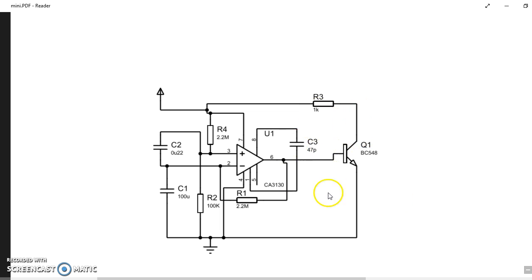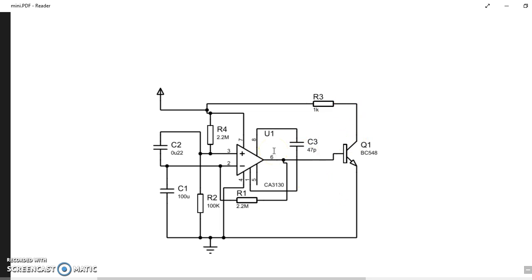Hence the circuit closes and current flows through the positive of the LED to the ground. Here an LED is assumed to be connected.